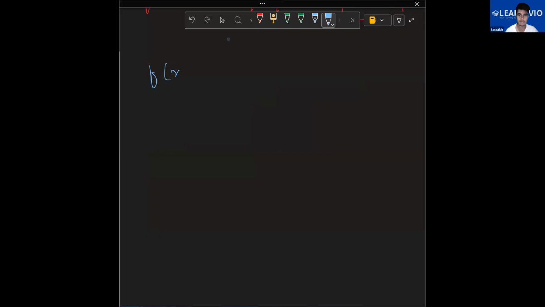Let's say if you have a function f(x) that is x cube plus 3, if x is not equals to 0, and plus 1 if x is equals to 0.